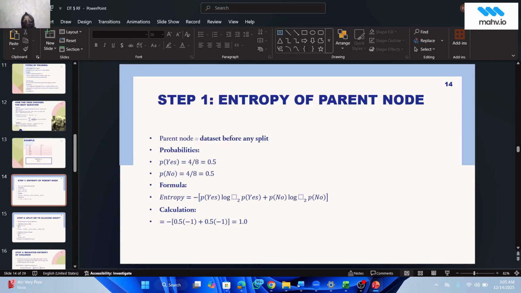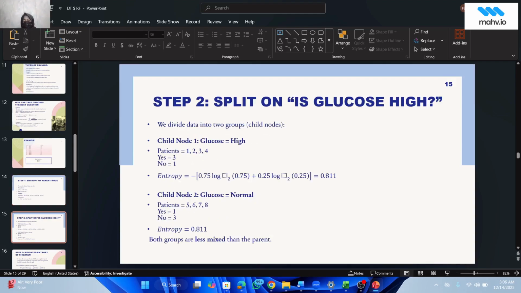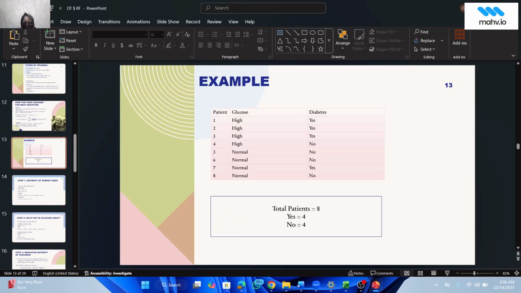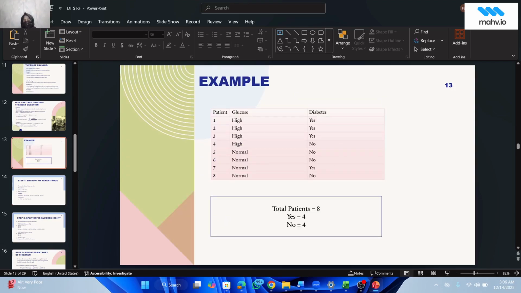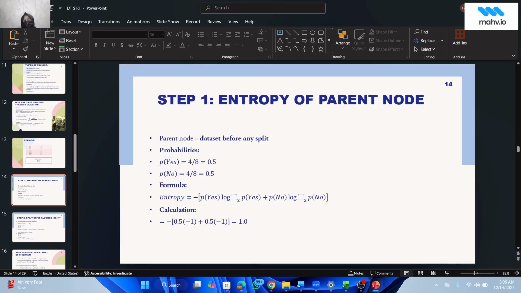So we calculate the probabilities of yes and no. As we have discussed before, 4 is yes and 4 is no, and total outcomes is 8 if you count that target column. So 4 by 8 is the probability for yes and 4 by 8 for no, and we get 0.5 and 0.5.